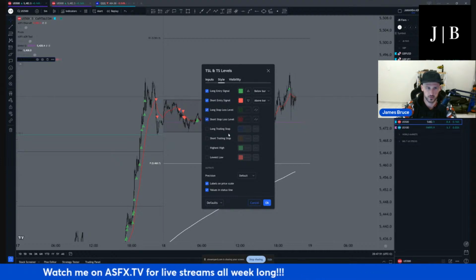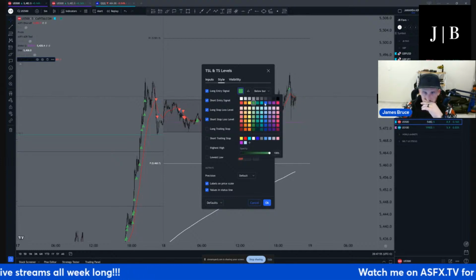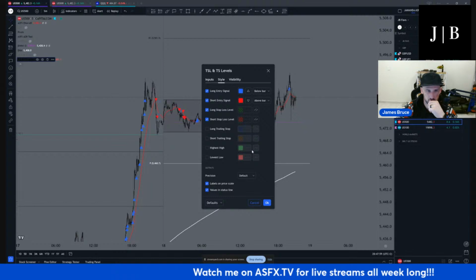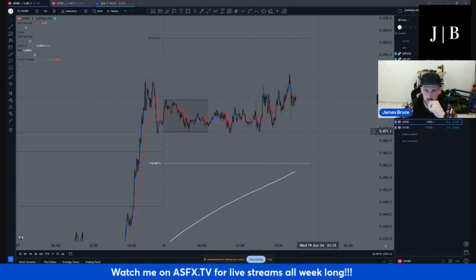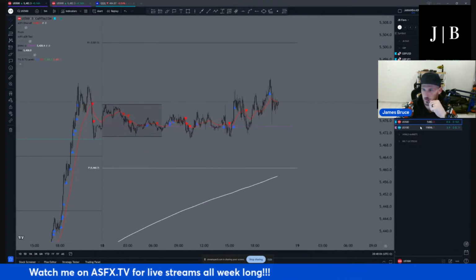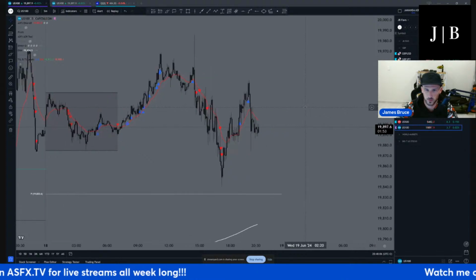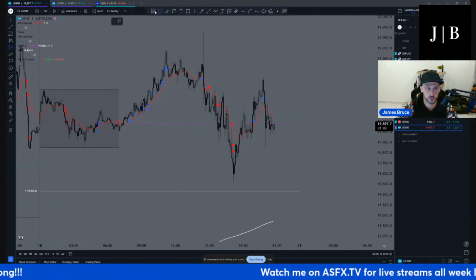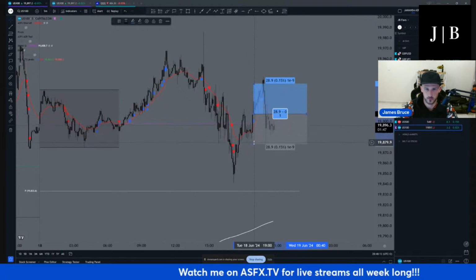Yeah, short stop loss level. There we go. And then we can change this to blue for longs and red for shorts. So he took a long on US 100 over here. Nice. So he took it here long like this.